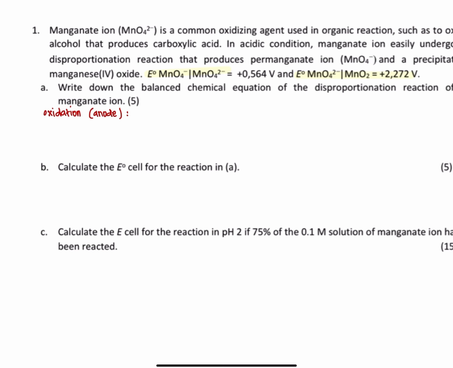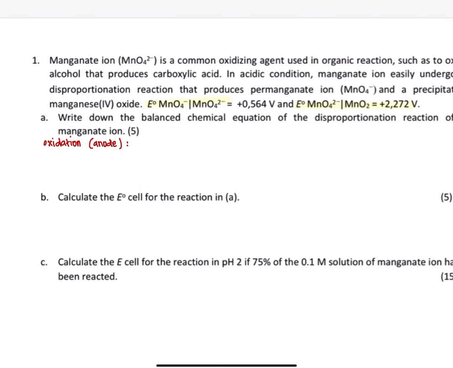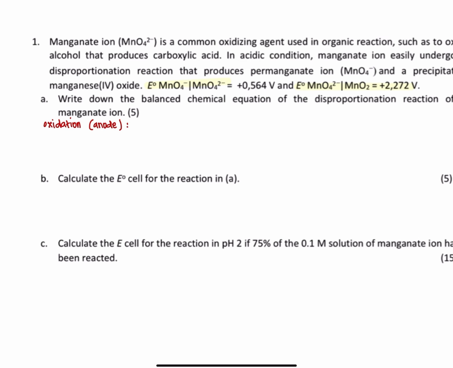Let's analyze the process that is happening here. Basically we have manganate ion, so I'm going to write manganate ion over here, and then this manganate ion produces two different chemical species.